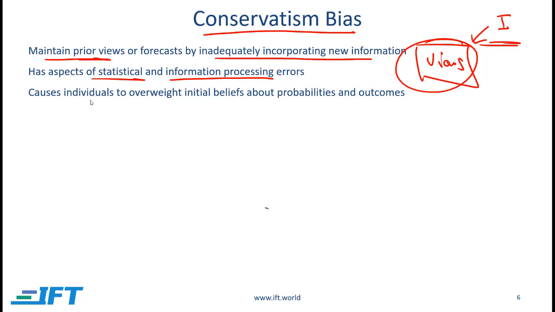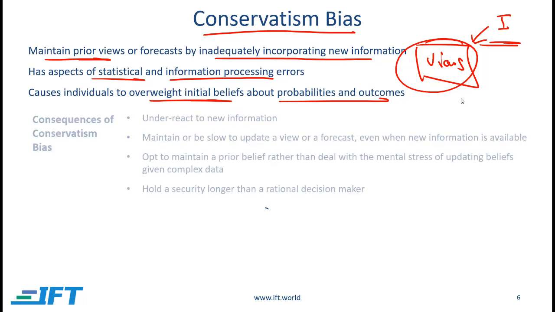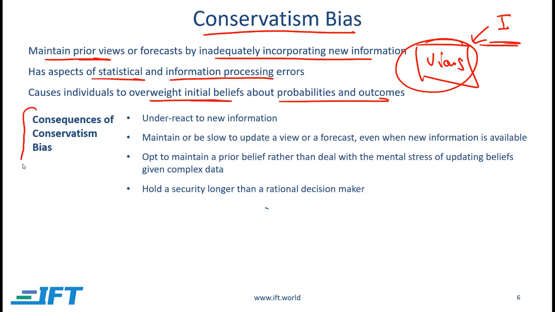This bias causes individuals to overweight initial beliefs about probabilities and outcomes. The point here is that people who have this bias will not properly apply the Bayes formula, so they will not update their views based on new information. What are the consequences of conservatism bias?